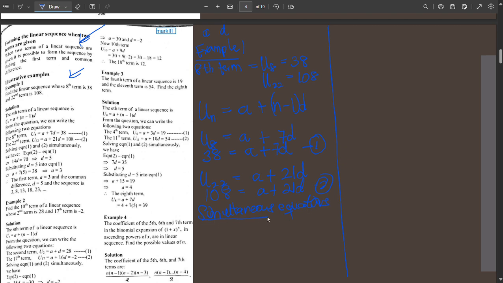Right, and we know how to solve simultaneous equations already. So with equation 1 and equation 2, solving them simultaneously, I can choose to do equation 2 minus equation 1.